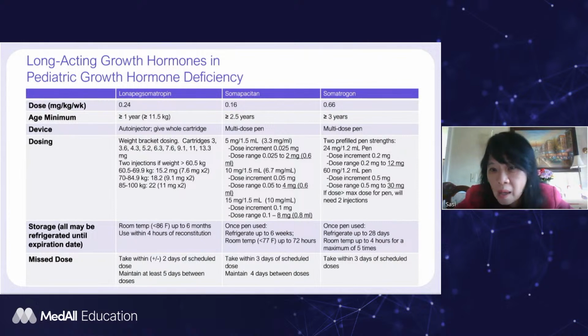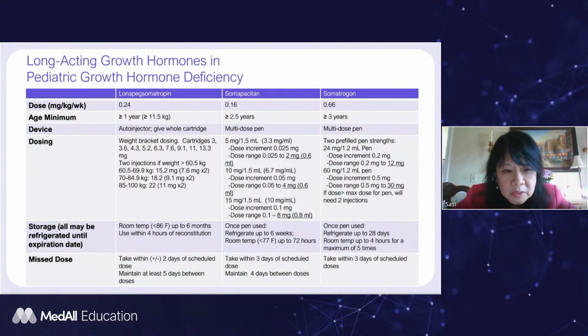And somatrogon is similarly also adjusted based on body weight. And this one, the dose is quite high, 0.66 milligram per kilo per week. And that's because of the large molecular size of the growth hormone that binds to the protein.